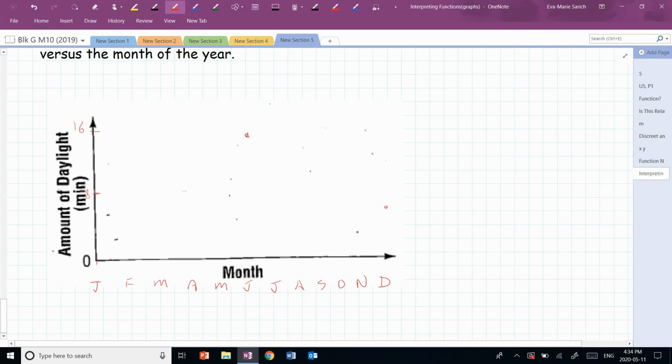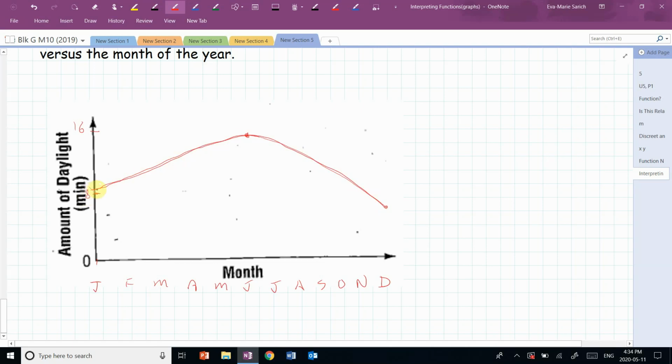Okay, so the general trend would be, as we go from June to December, right, the days start getting shorter. And as we come from December to January, our days are getting longer. So we're going to have a general trend of a graph like this.